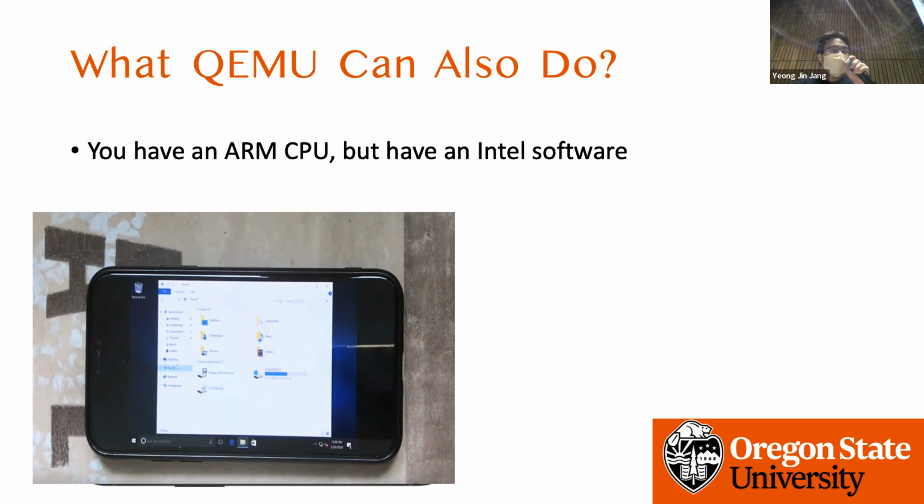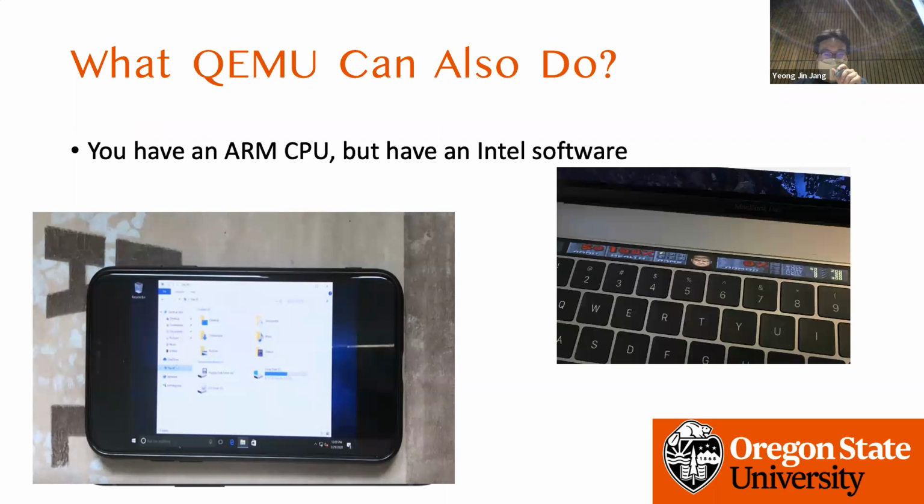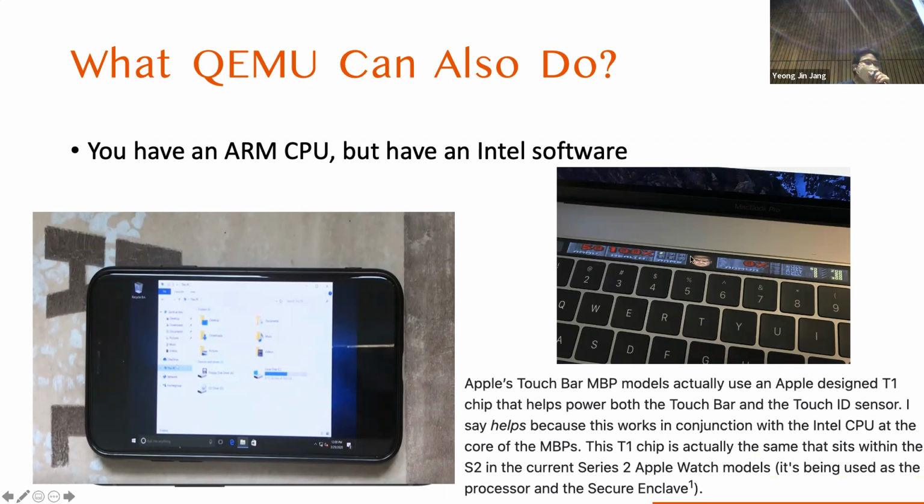Another thing we can do is, have you seen this kind of thing? This is the Touch Bar of the Mac. In Apple devices there's an Intel CPU or ARM CPU, but there's another CPU called Apple T1 or T2, which is also used by the Apple Watch, and that is inside this Touch Bar.